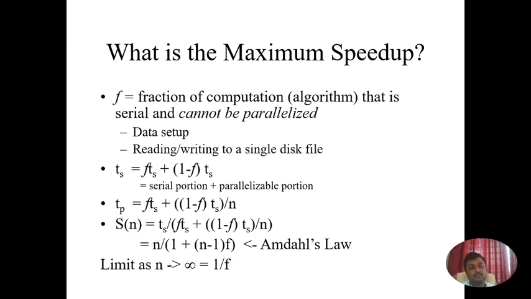There is no scope for parallelization. And the remaining 1 minus f can be parallelized. This fraction is run by the parallel portion, and there are n processors available for you.